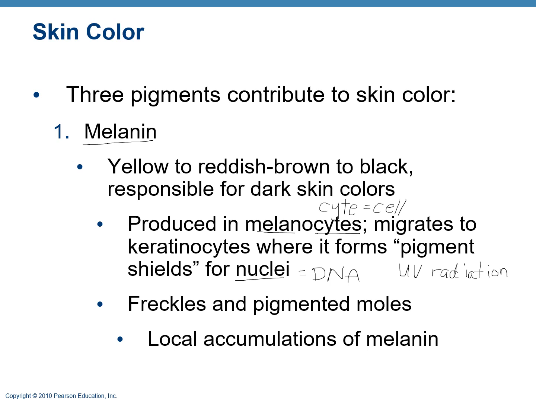It's basically going to help shield our cell DNA from that harmful radiation, which could potentially cause mutations that could lead to cancer. It's also responsible for just normal freckles as well as pigmented moles. And you're going to see it localized in certain areas of the skin.